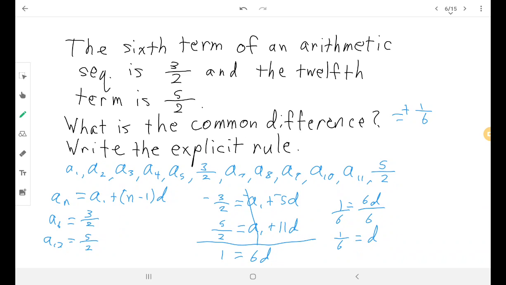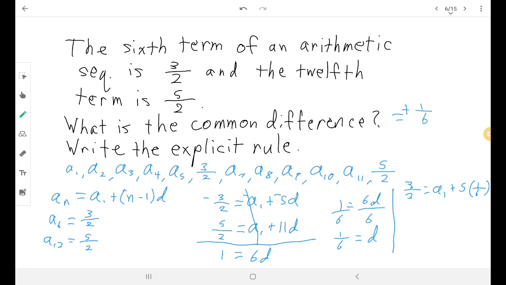So I'm going to do some work to figure out what a sub 1 is, and all I'm going to do is take one of my original equations from here and plug in and solve. So I had 3 halves equals A1 plus 5d. Oh, but I know d now, times 1/6.